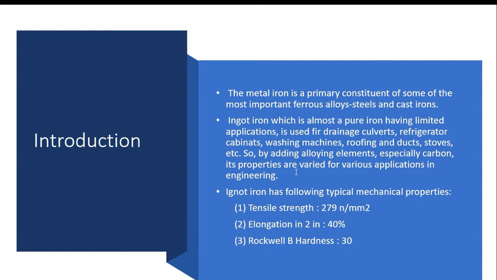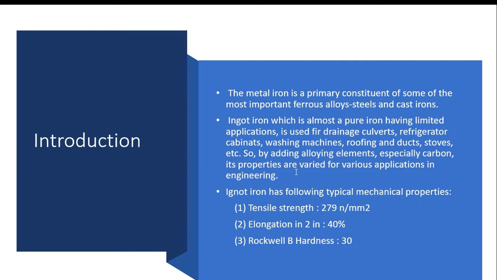Today we have some alloys, but previously we had pure iron ingots, which they melted and used to form chassis, fire drainage culverts, refrigerator cabinets, washing machines, and roofing ducts. Those are some of the examples.